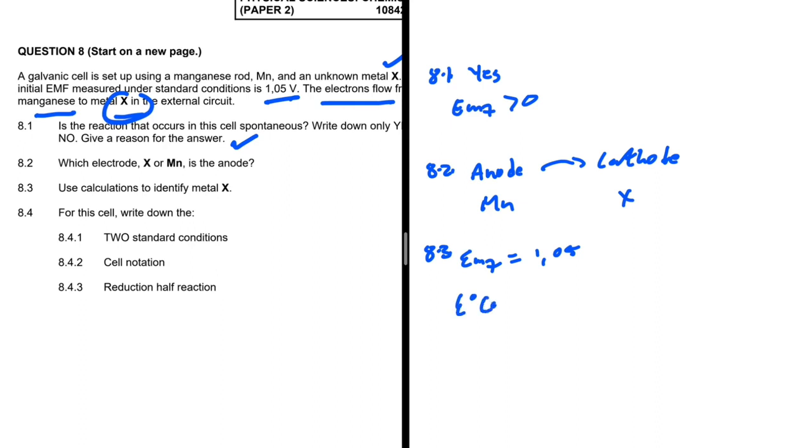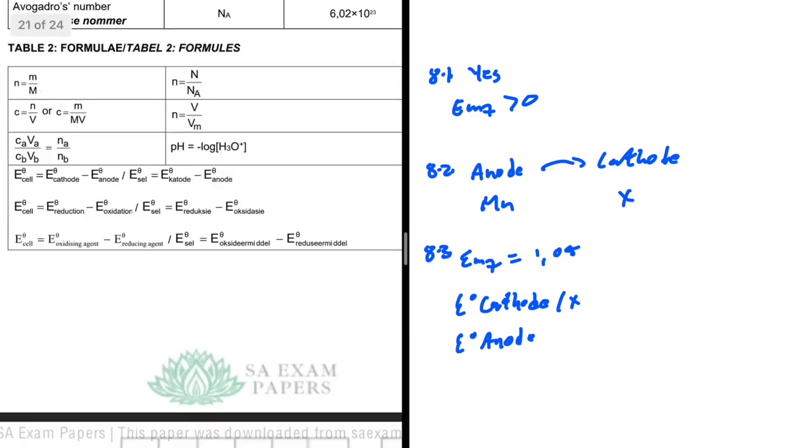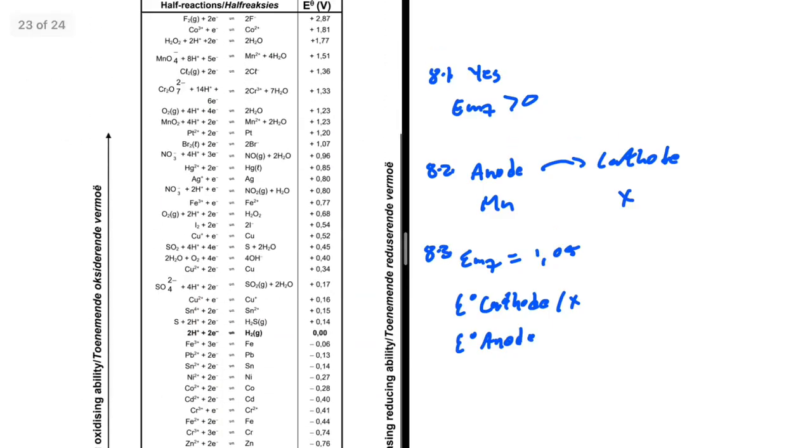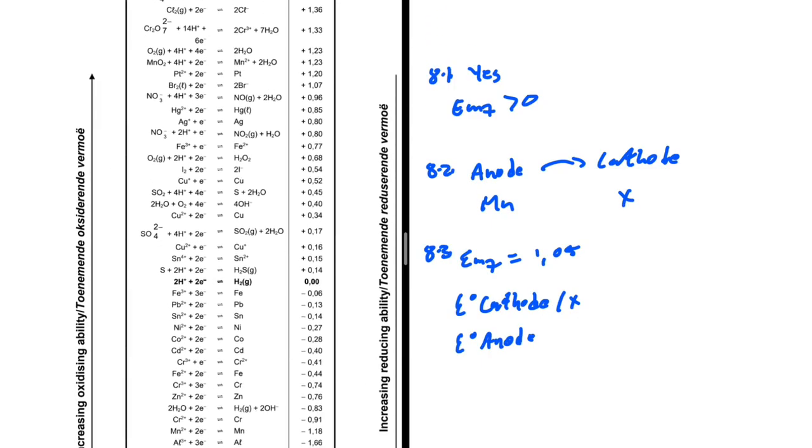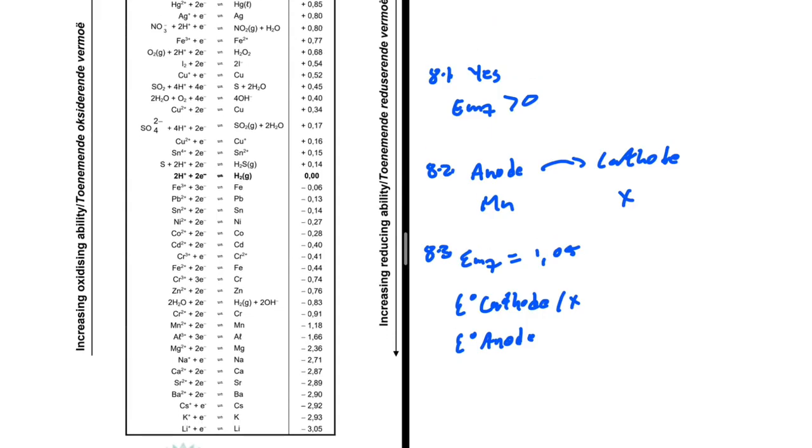At the cathode, this is where we have our metal X. And then at the anode, that's where we have Mn, like we've deduced. So now let's go down and look for our table of standard reduction potentials. We can use table 4A or table 4B, there's really no difference. So let's go ahead and look for Mn.